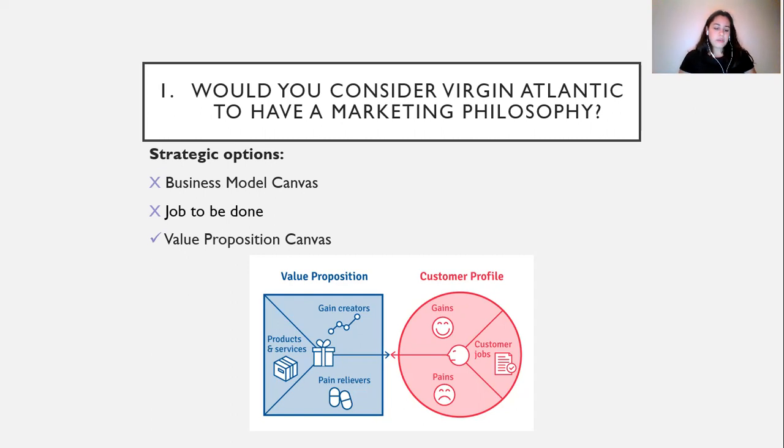As game creators, we have entertainment and experiences, and pain relievers, we have the food and the space that is provided, that is the minimum that they can do, right? As an airline, that's the minimum they can do, and of course be clean and all other aspects. But the main thing is fast transportation. That's the main pain reliever.